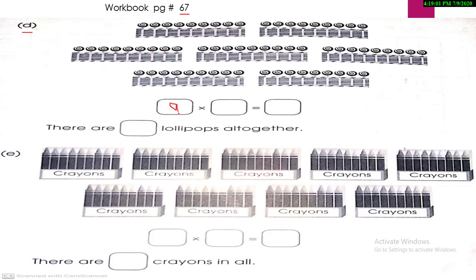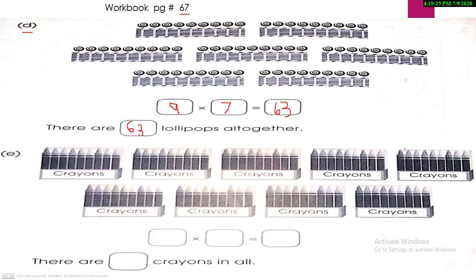And how many groups of lollipops are there? 1, 2, 3, 4, 5, 6, 7. Okay. So it's 9 7s are or 7 9s are. Our answer will be same, that is 63. Yes, easy. You will write down the same answer over here as well.